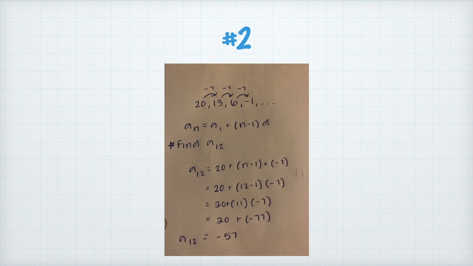You don't really need the plus and minus; it's pretty knowable that it's going to be subtracting. So we got 20 minus 77 is negative 57, but don't forget to bring in the a_12. So a_12 equals negative 57. That would be your answer for number 2.